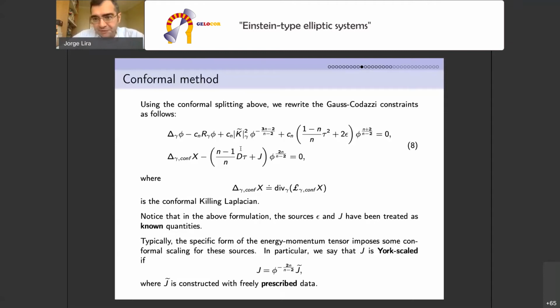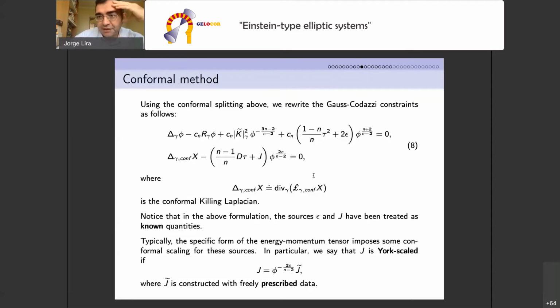For instance, in this last equation here, which is the momentum constraint equation, if you assume that our initial surface has constant mean curvature, and if you assume that there are no matter fields in this ambient, if you have just the vacuum case in mind, then this coefficient is 0, and you are left with some Laplacian of X equal to 0.